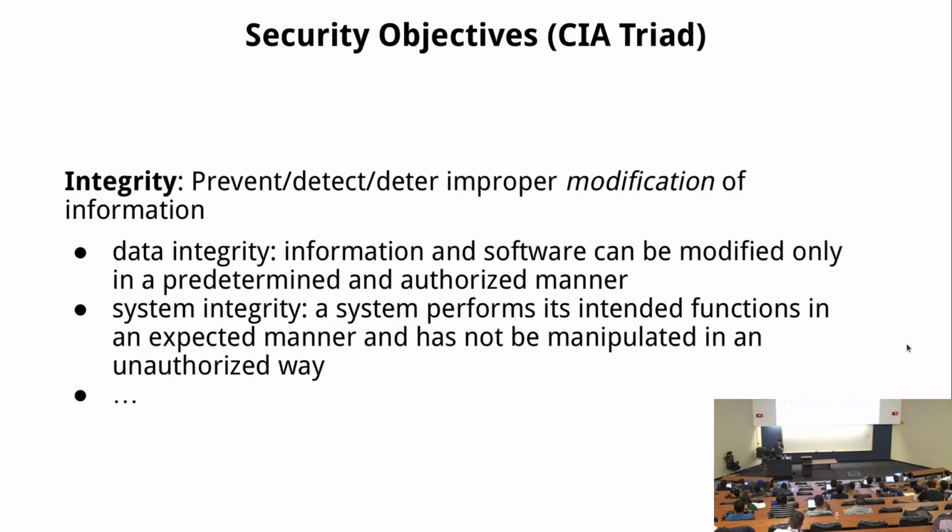Then the second goal is integrity. This one is more and more important right now. Integrity is about how you prevent and detect improper modification of your information. Maybe in this case, you don't care if the information is disclosed.